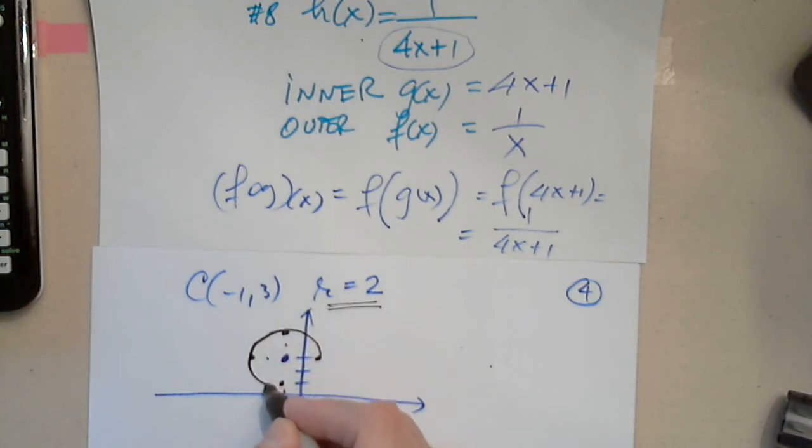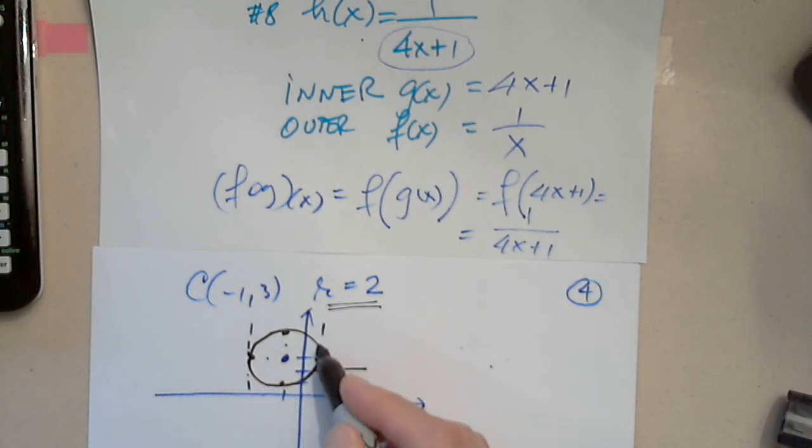So here it is. But I'm also asked to find the equation of this circle, and I am also going to ask you what is the domain of the circle. It's not a function, but what is its domain and what is the range?